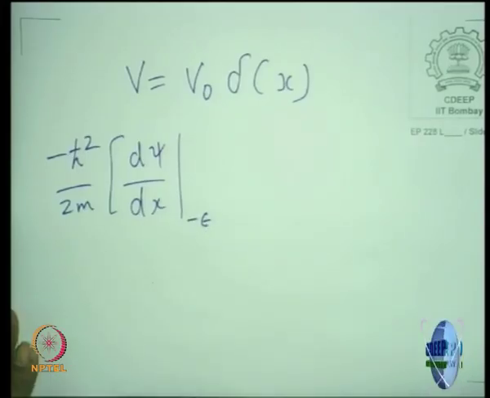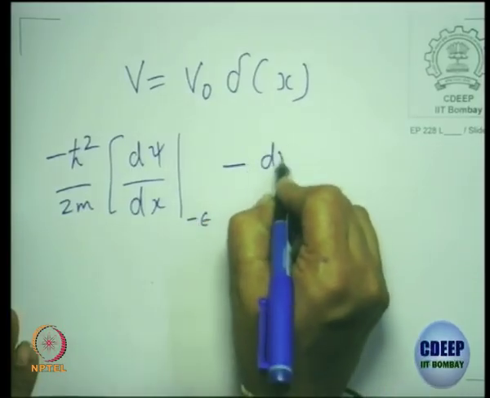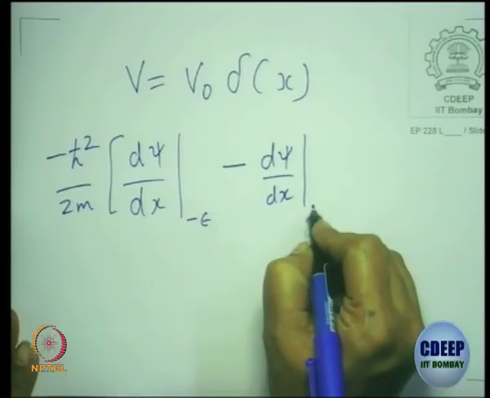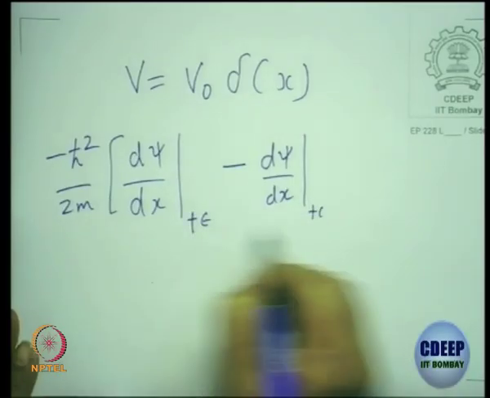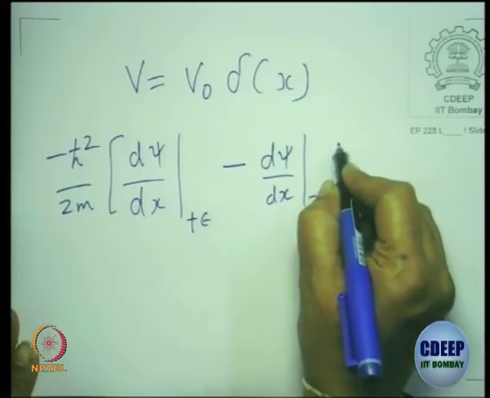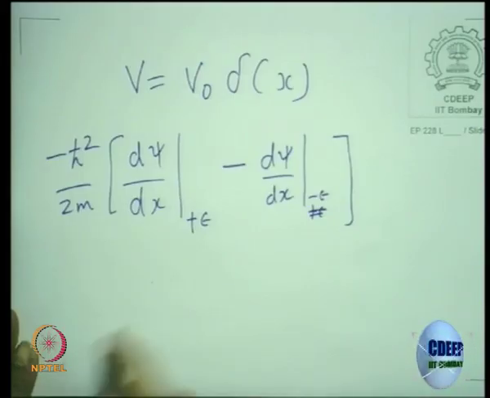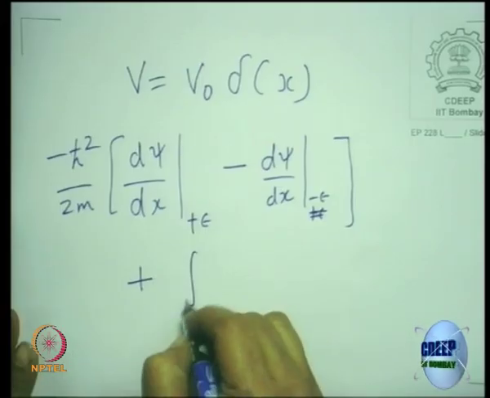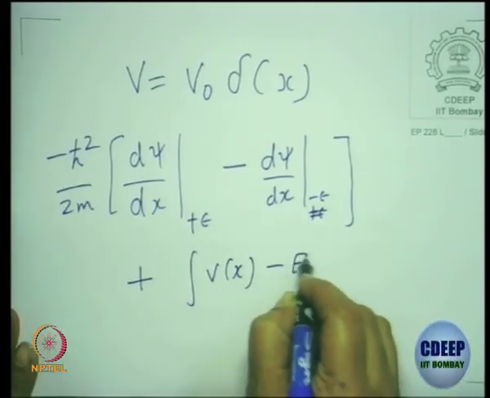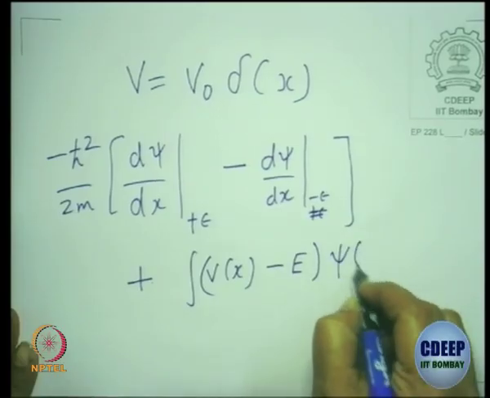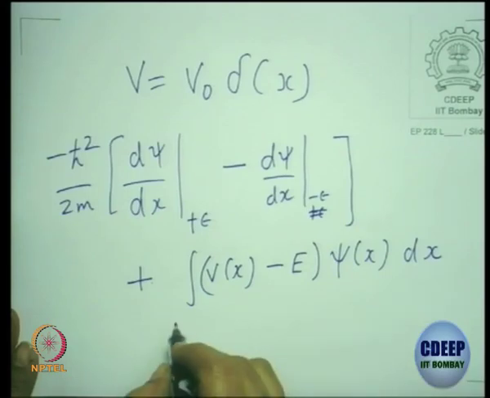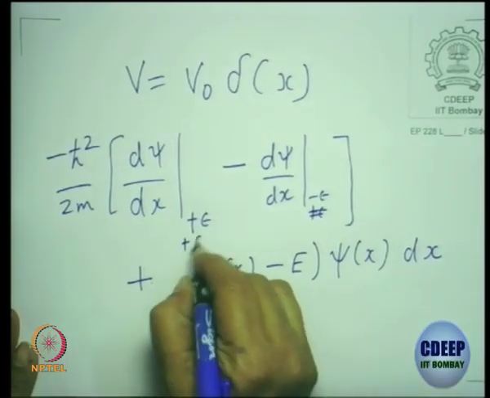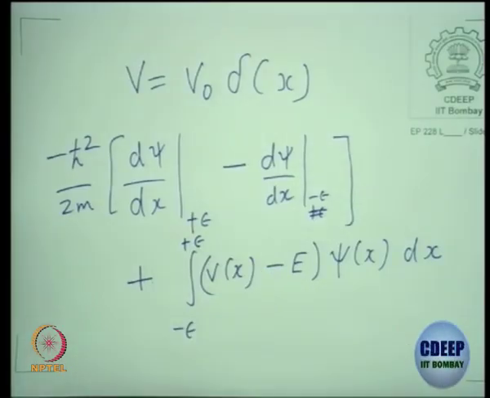Let's center it around x equal to 0, minus dψ/dx at plus epsilon, or is it the other way around, plus epsilon, and this one will be minus epsilon, plus the integral of V(x) minus E ψ(x) dx from minus epsilon to plus epsilon. Is that right? And we are going to substitute for V as V naught, a constant, times delta of x. So let's substitute that.